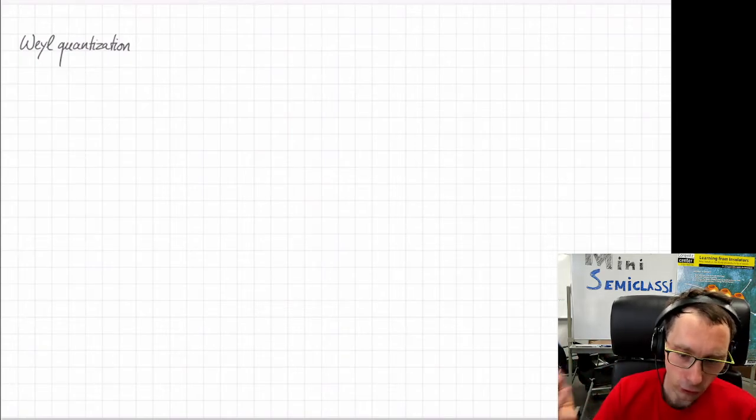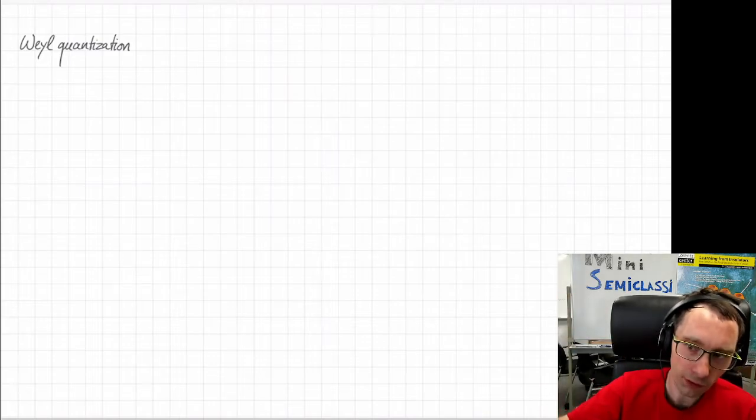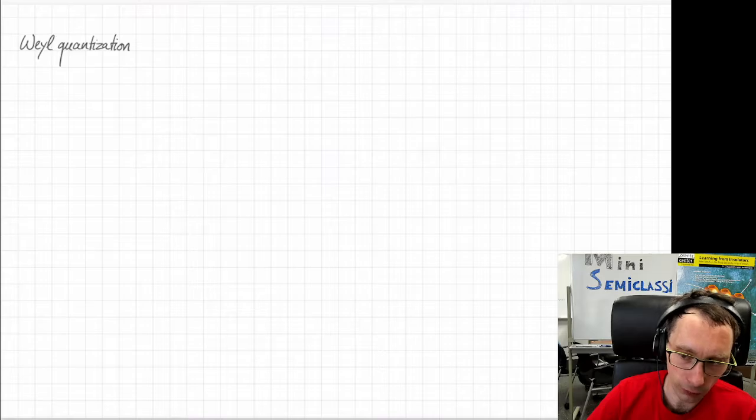So this is conceptually very important, and the same of course goes for the energy observable, the Hamiltonian. It's exactly the same thing.